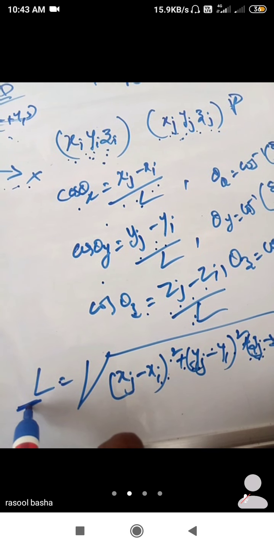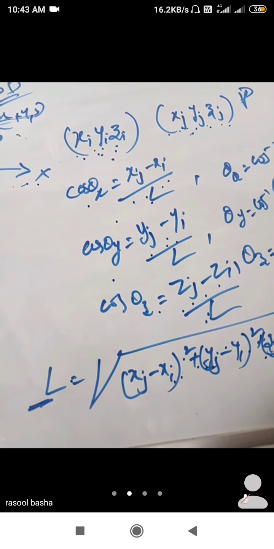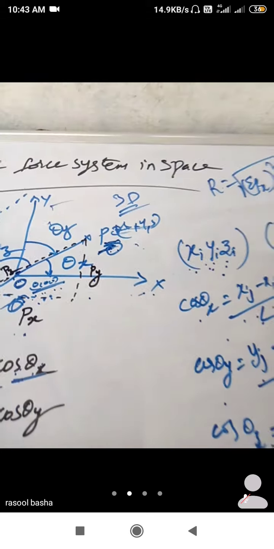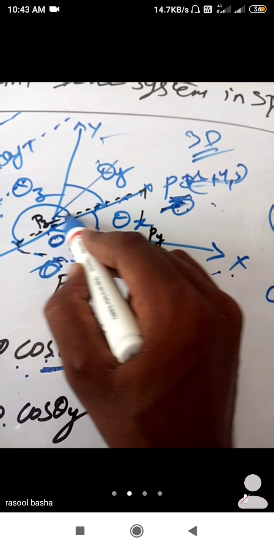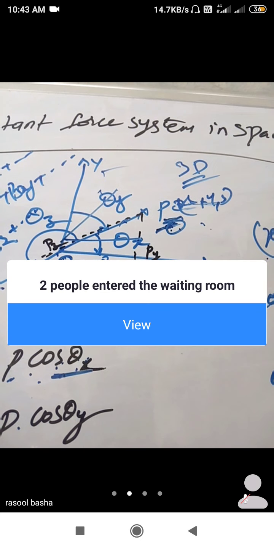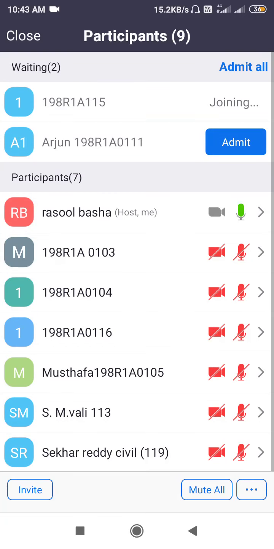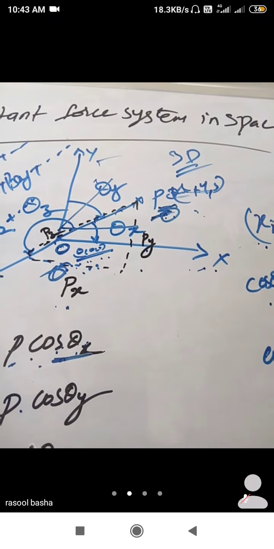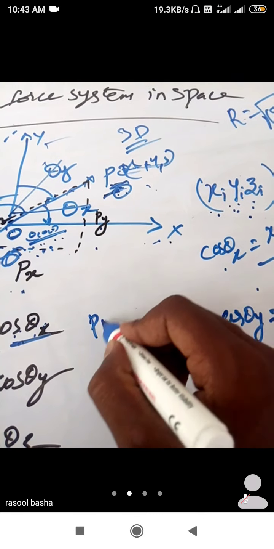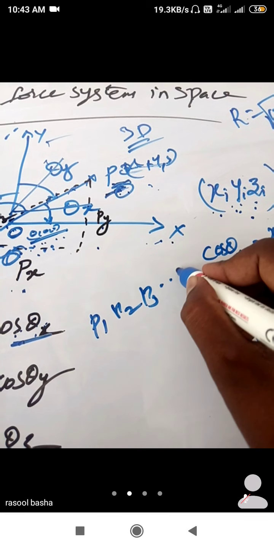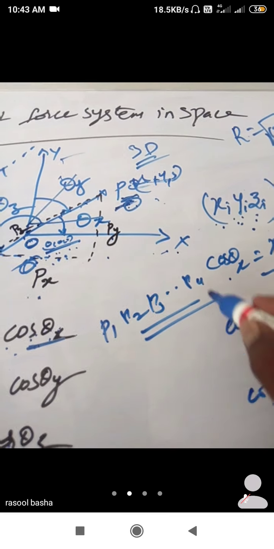Similarly, we can next find out what happens if a number of forces are present, in the same line or different lines. What is the position at that time? If the system of forces is P1, P2, P3 and so on up to Pn acting, what will happen?